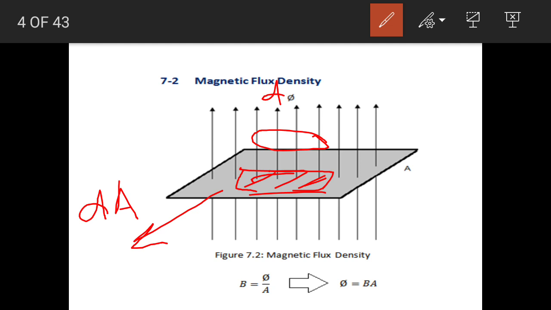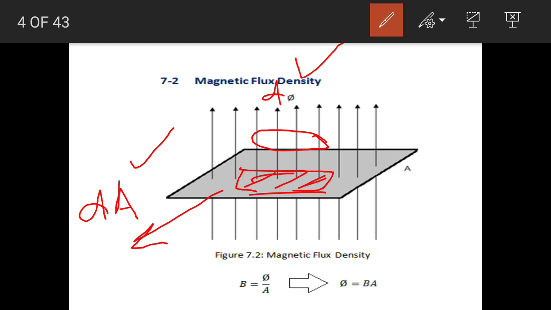So the magnetic flux density at any point in this magnetic field can be calculated with the help of these two quantities as well. d phi is known as the differential magnetic flux and dA is known as the differential area.